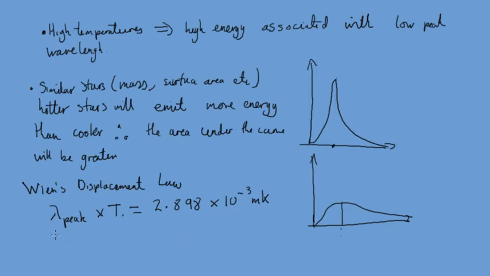So this is the peak wavelength, so it'd be like here. And obviously wavelength is measured in meters, and the temperature is the star temperature, and that's measured in Kelvin.